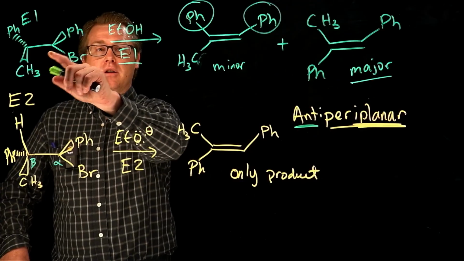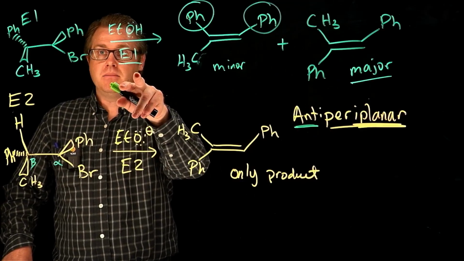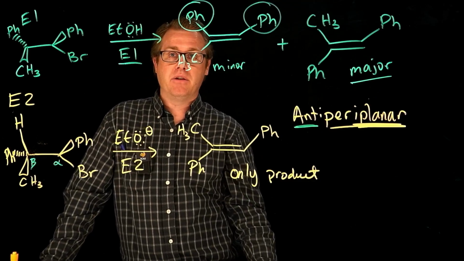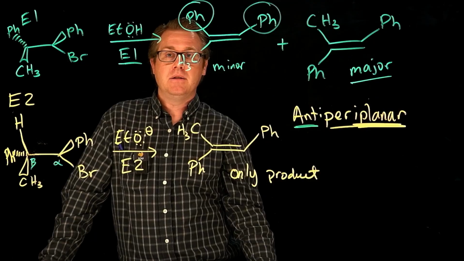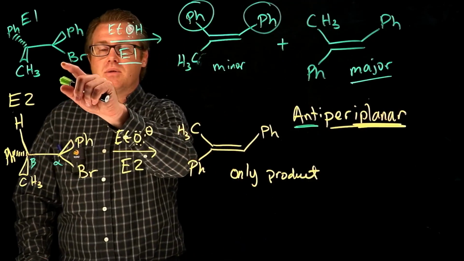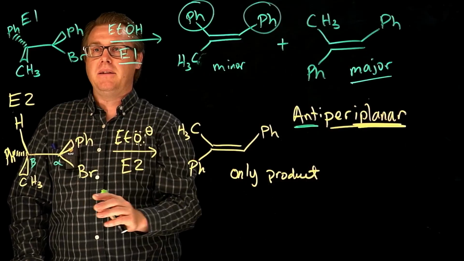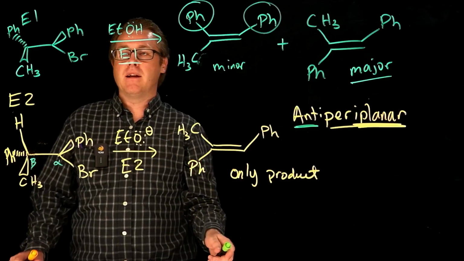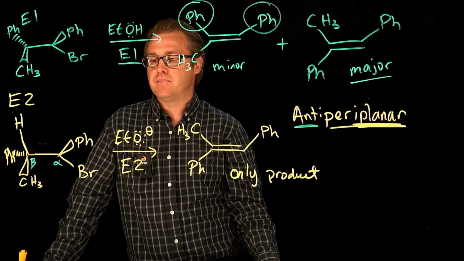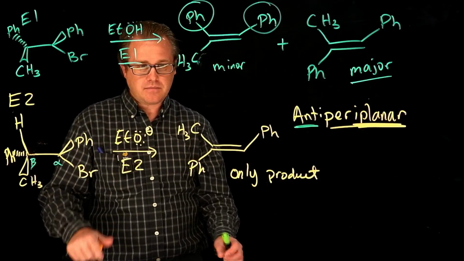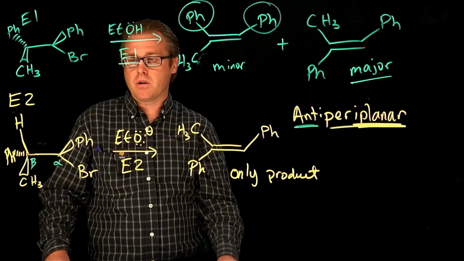Whereas when you take a look at an E1 mechanism, it doesn't matter if the hydrogen and the leaving group are anti-periplanar. Why? Because what's the first step in an E1 mechanism? The leaving group leaves, and you generate a carbocation. Okay? So let's take a look at this a little bit more closely.